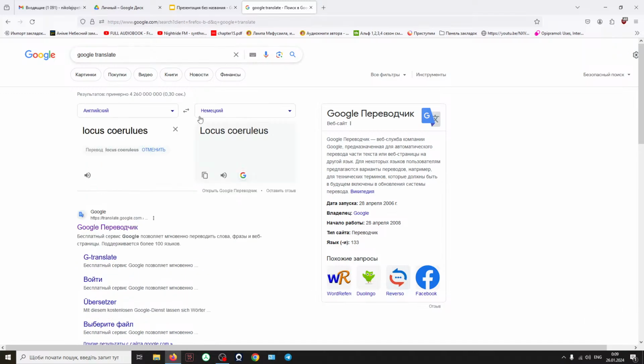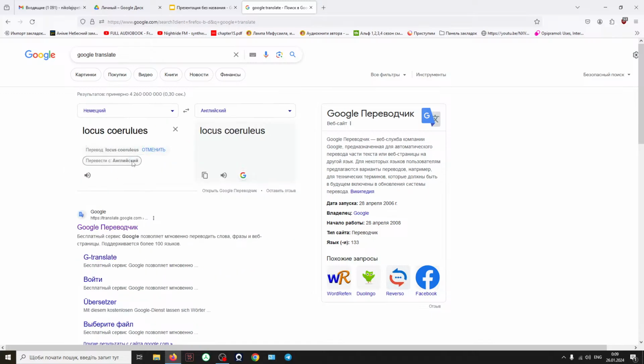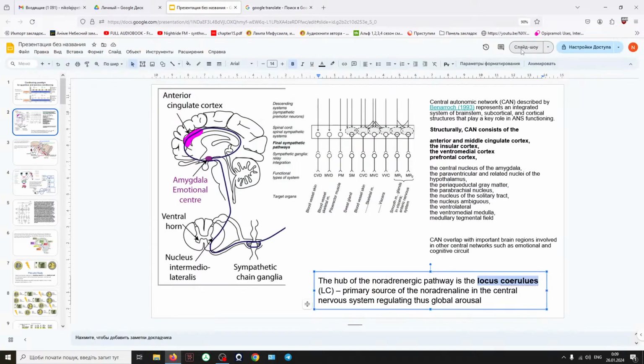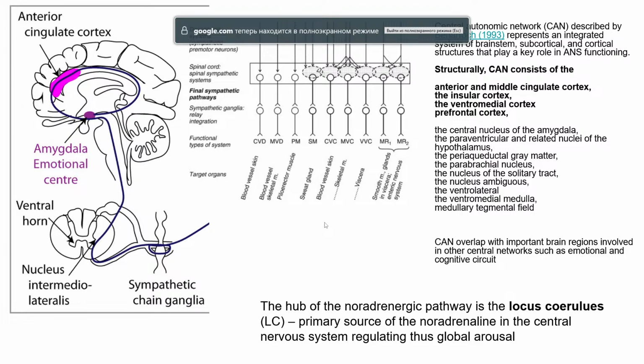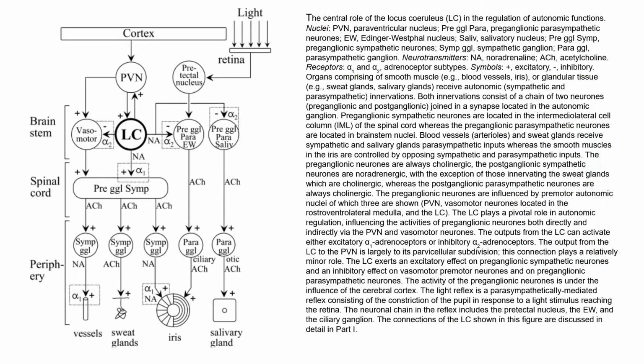It's English and they want it in Russian. Russian does not matter, English. Locus ceruleus. Ceruleus. Locus ceruleus. Okay, let's continue. That's the complicated part of this locus ceruleus.